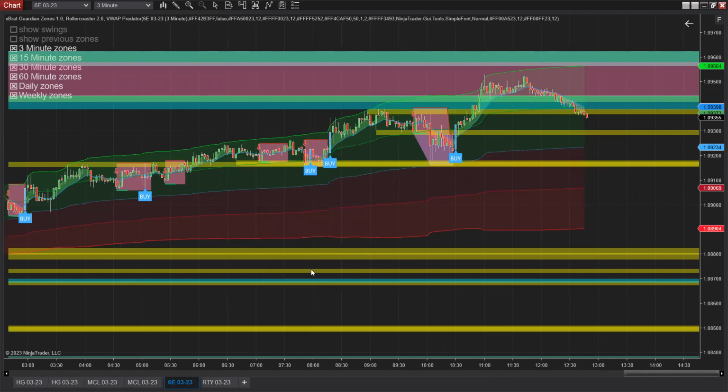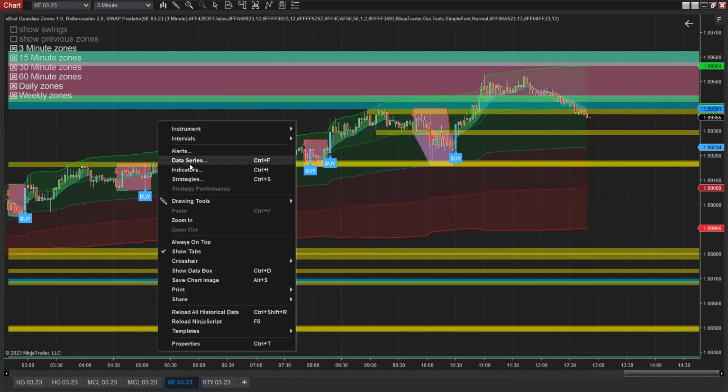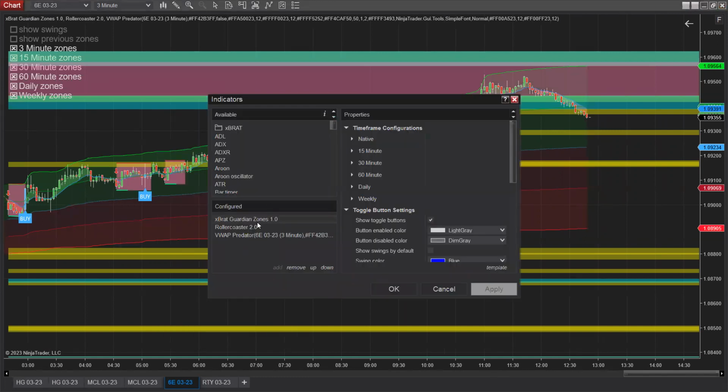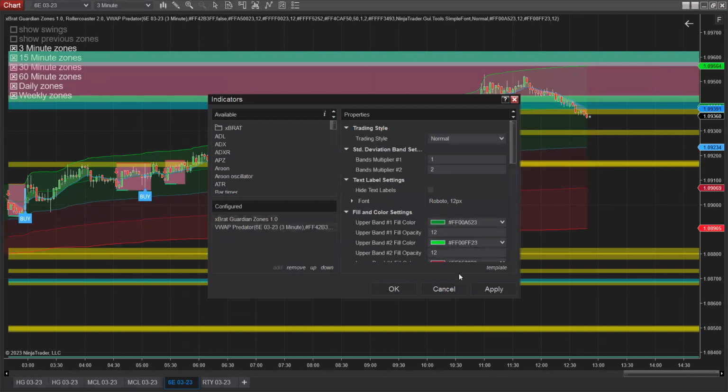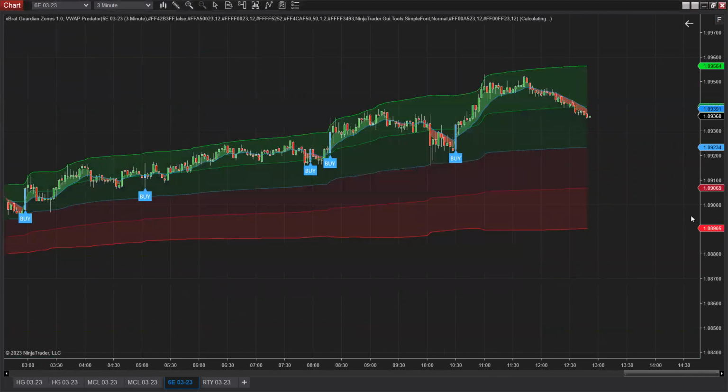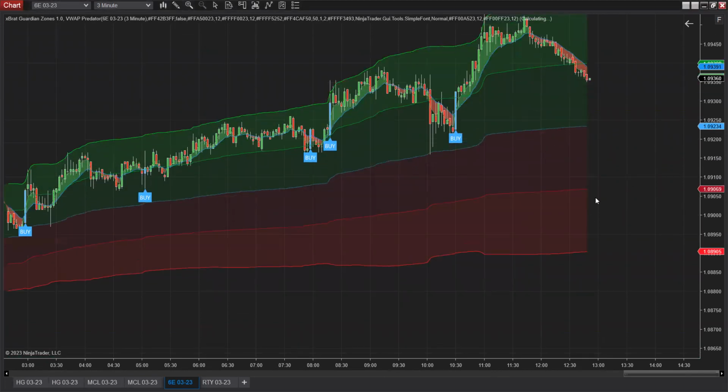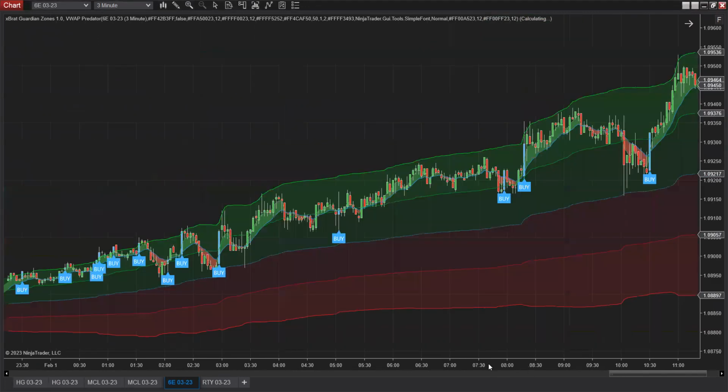A lot of resistance up there, but there was some good buys down here. Let me just get rid of the, sorry, apologies. Going to get rid of the roller coaster a second. It recalculates.